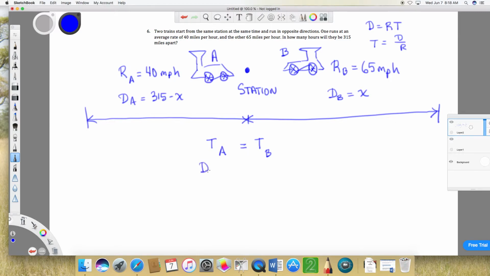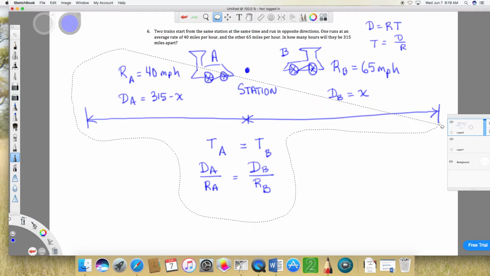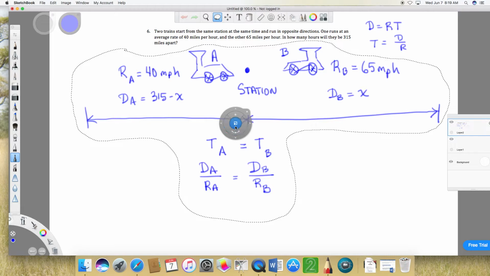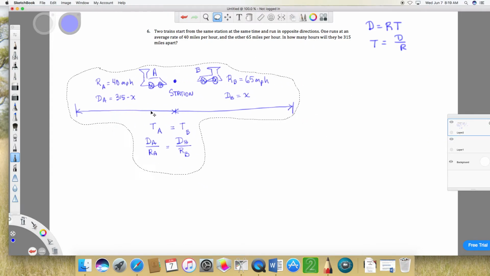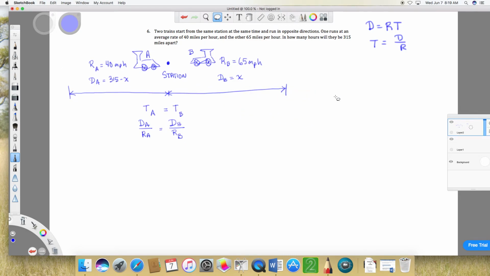So the distance of train A divided by the rate of train A is the same as the distance of train B divided by the rate of B. And we can then figure out through the distance how long it will take for them to be 315 miles apart. This is one way that we can do it. I'll show you another way after we get this one done.